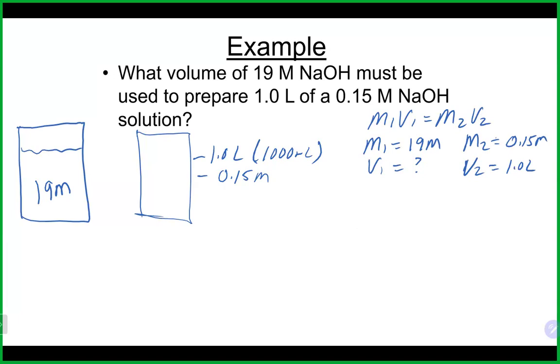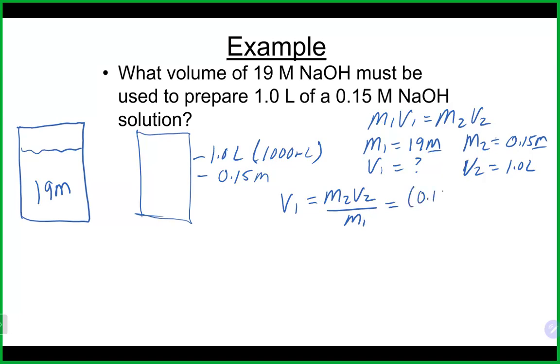And that means that we are going to solve for V1, which means we're going to divide M1 to the other side. That gives us V1 equals M2V2 divided by M1. Our molarity is the same on both sides, so that's good.